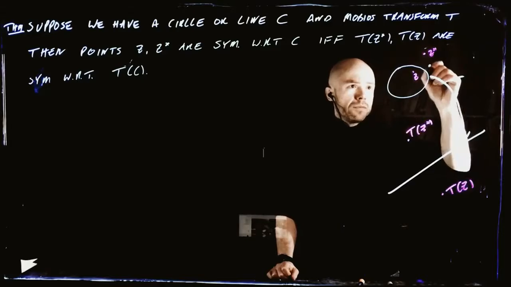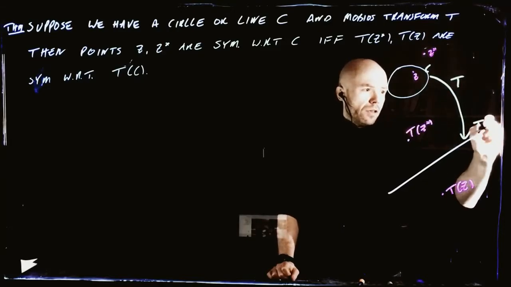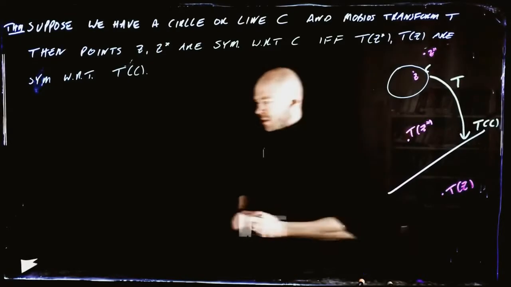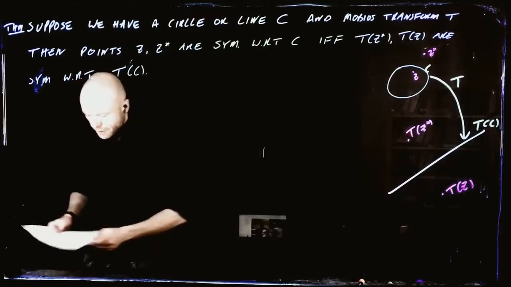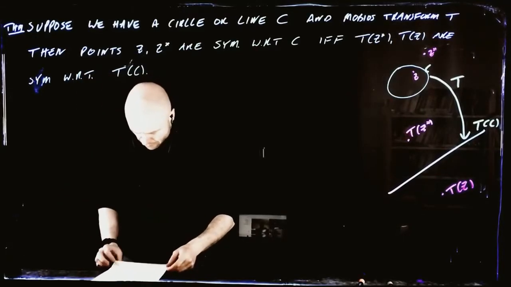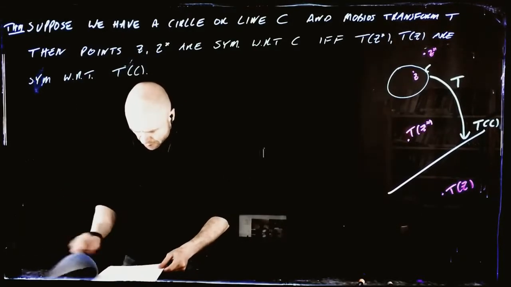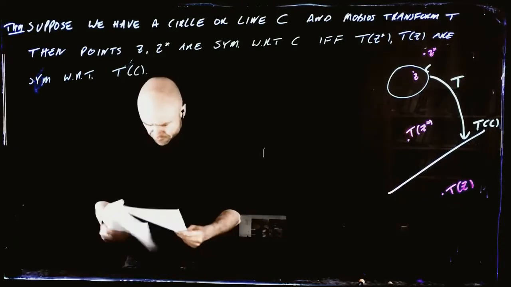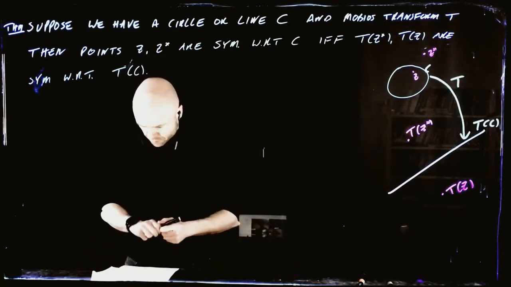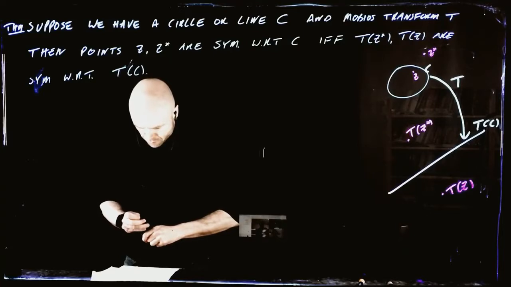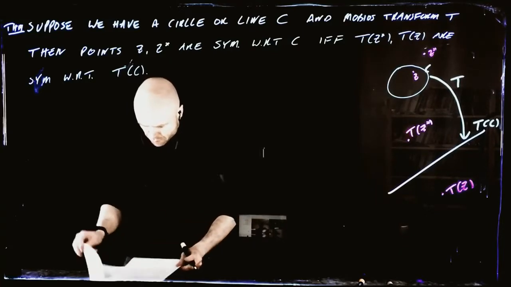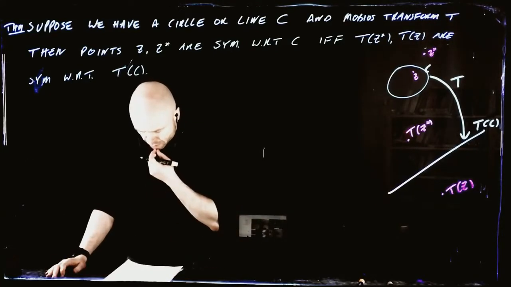So this is C and this is T of C. Okay, so this is going to follow from using cross ratios in a kind of clever way.